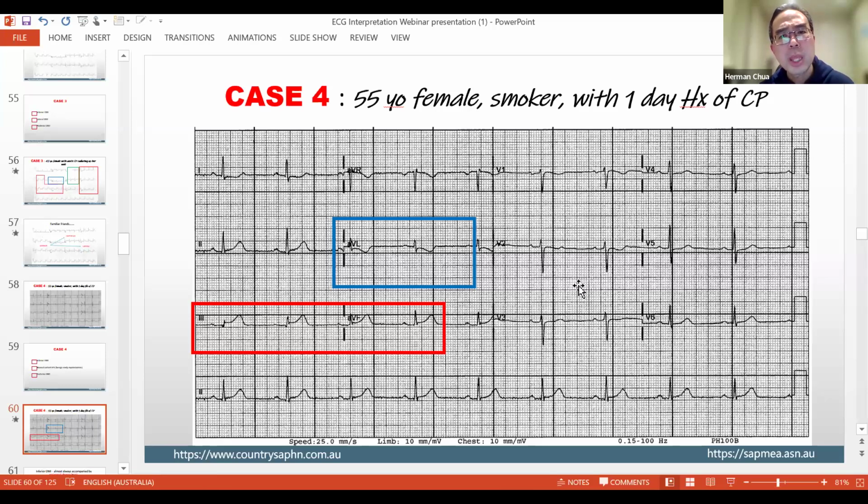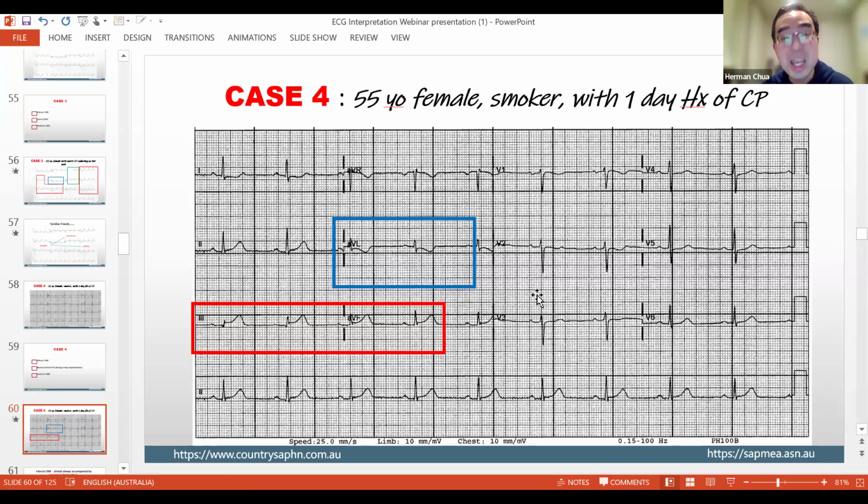And remember what I said about lead V2. Normally, in normal people, you actually have some degree of ST elevation, right? In men up to 2.5 millimeters. In women, maybe 1.5 millimeters. If there is no right bundle branch block, etc., and there is no ST elevation, and instead you see isoelectric or even depression, it's abnormal.